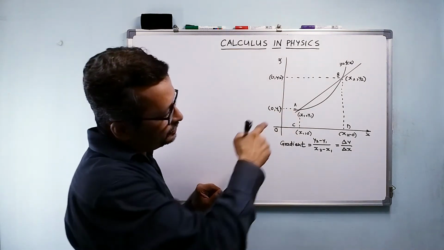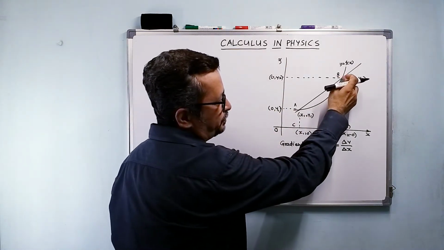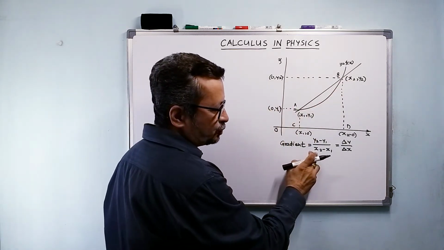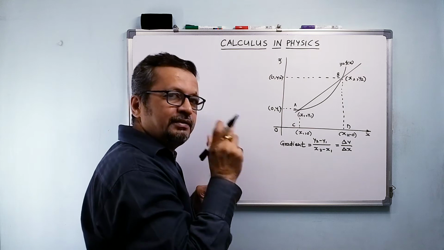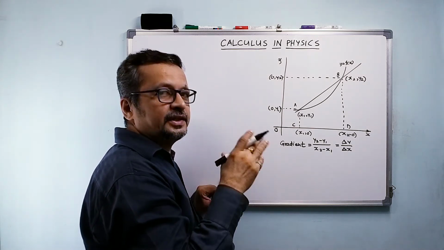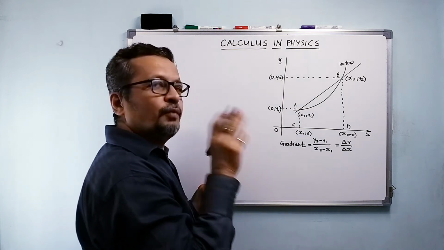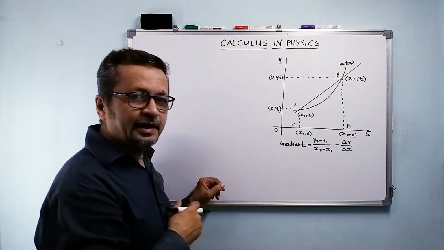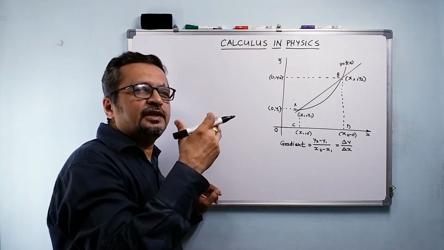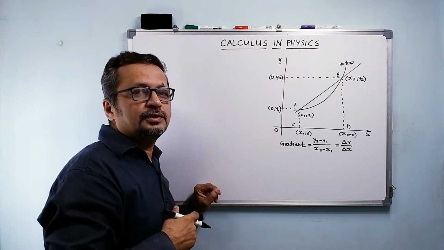Right? Now as B comes closer and closer to point A, this x2 minus x1 becomes very small, and when x2 minus x1 becomes infinitesimally small, then y2 minus y1, which is delta y, will also be a corresponding infinitesimally small value, isn't it?